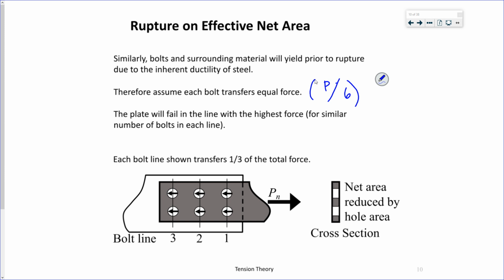The plate will fail at the line with the highest bolt force. And we assume each bolt line, 1, 2, 3, transfers a third of the force, 2 times P over 6, so P over 3. P over N, I guess.